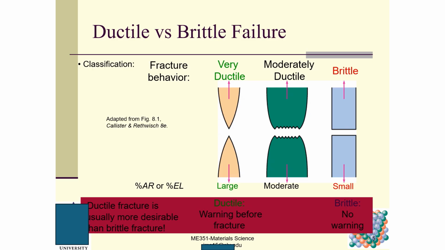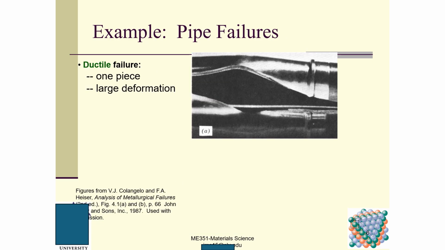For moderately ductile material, you can also see this kind of inter-surface breakage. For brittle material, these two ends are very flat. That means there is no plastic deformation.